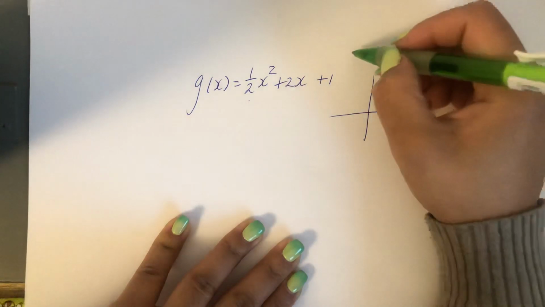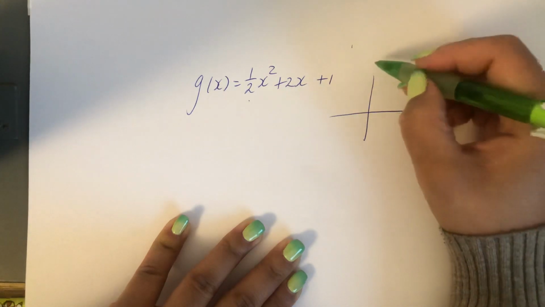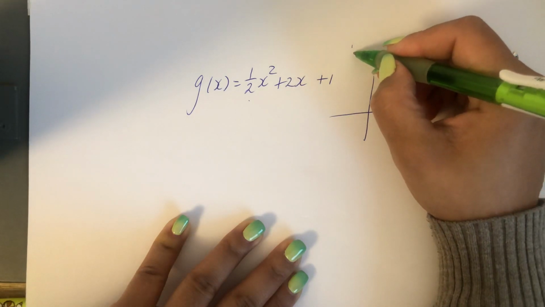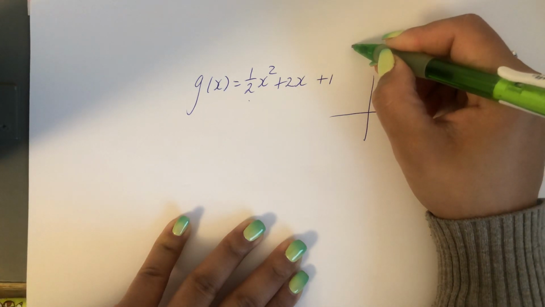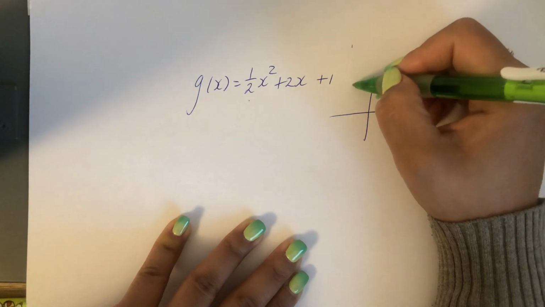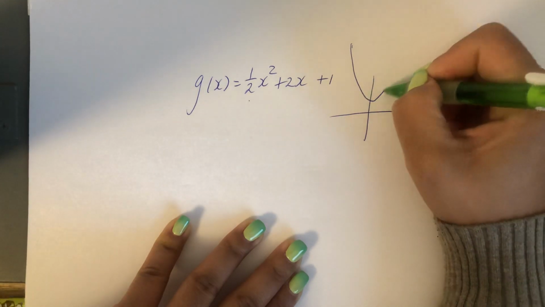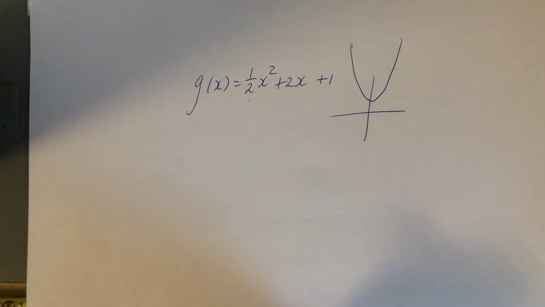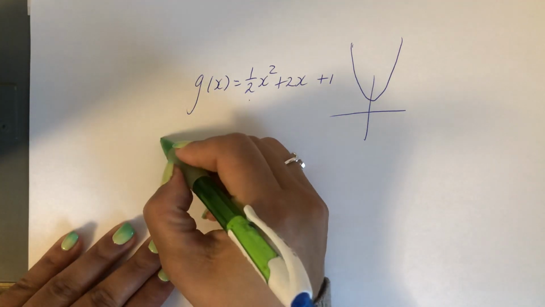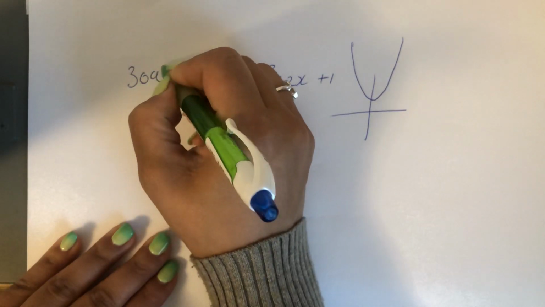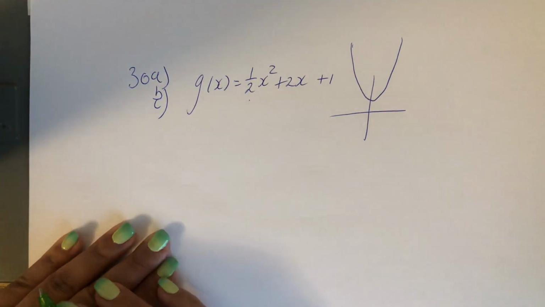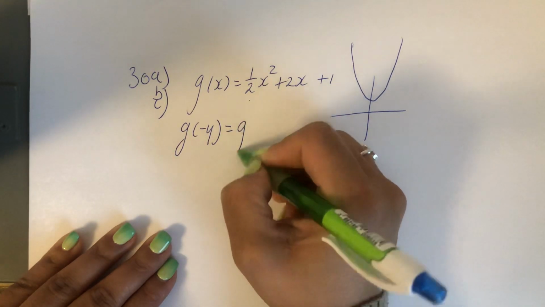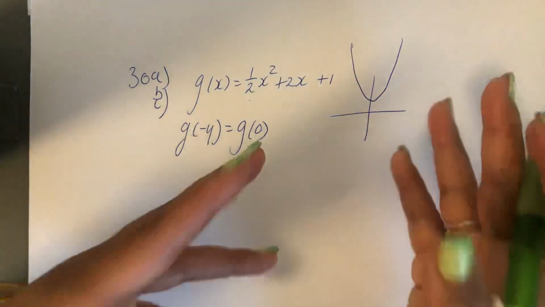And one thing that I will share with you, but not now, later. Okay, so something like this. Now, they also ask you, this is, by the way, 30A, B, and C, to show that the value of the function at -4 is indeed the value of the function at 0.